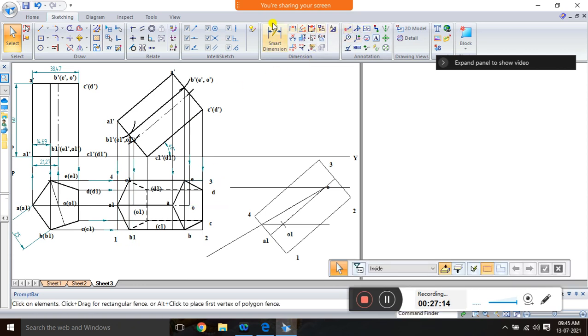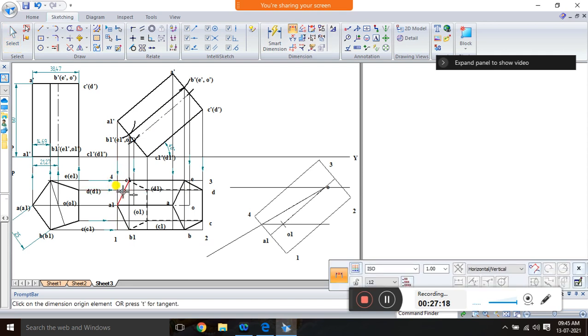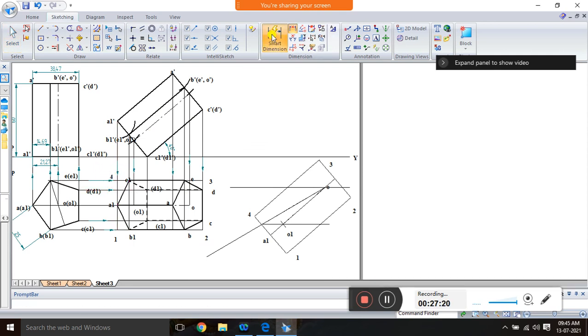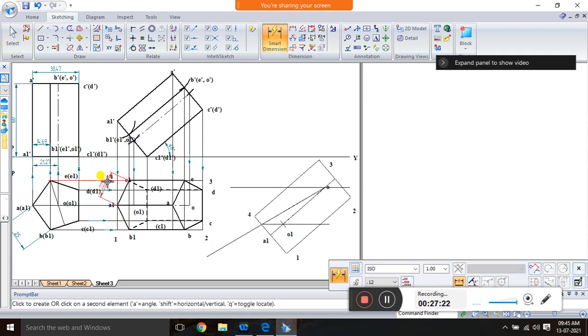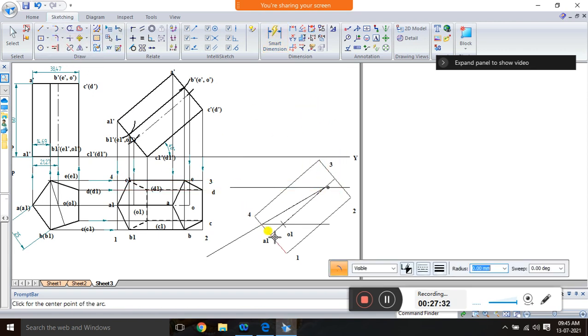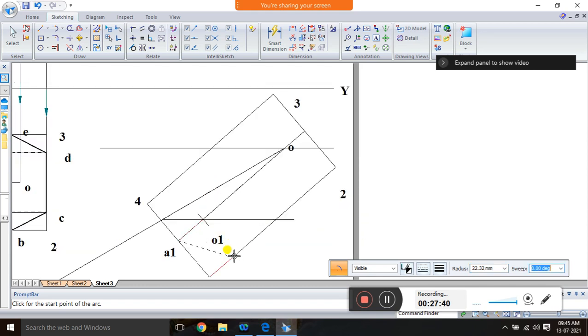Once we construct the box, next I go for this. It is 22.32. That is the distance, and here take the arc. From here, 22.32, cut the arc.